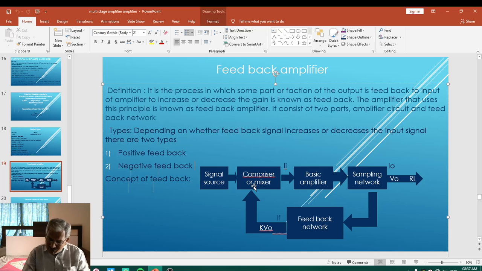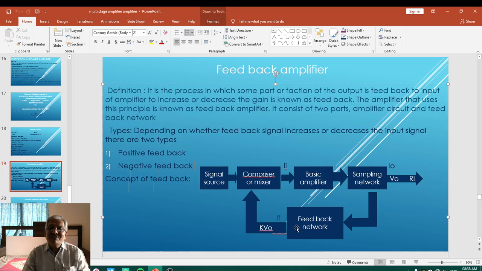If no feedback is used, it's alright. No feedback signal is there. The signal from the source goes directly to the basic amplifier. It is amplified and directly made available across the load resistance. If the concept of feedback is used, then part of the output of the basic amplifier is sampled, picked up and given to the feedback network.